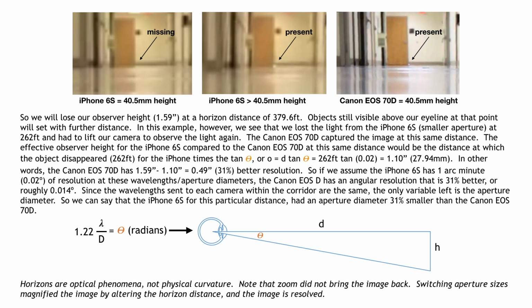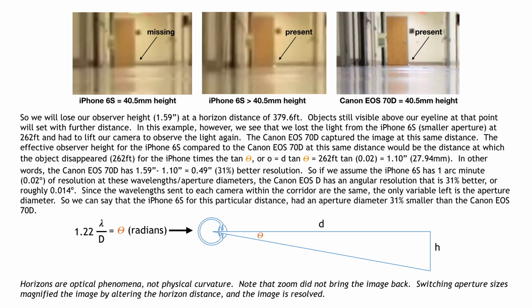In this example, however, we see that we lost the light from the iPhone 6s, with the smaller aperture, at 262 feet and had to lift our camera to observe the light again. The Canon EOS 70D captured the image at this same distance and height.